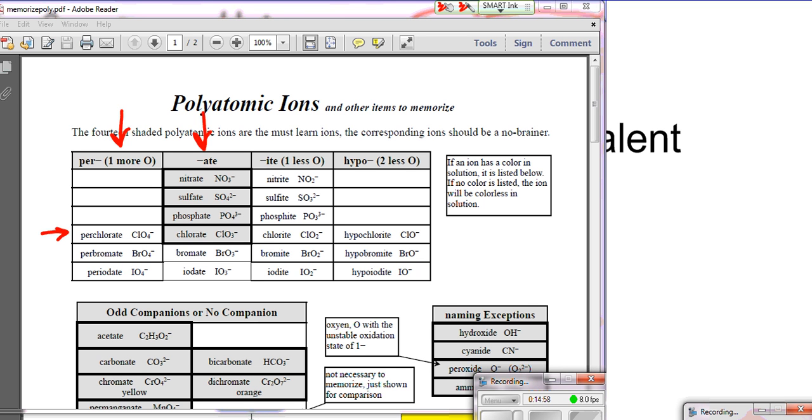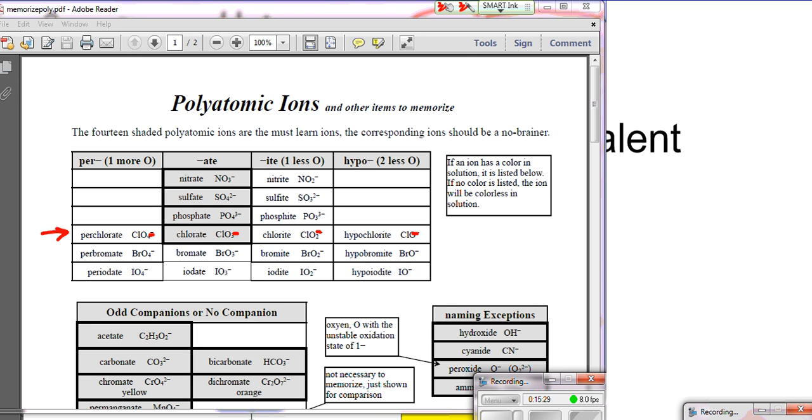And it becomes perchlorate, which would make perchloric acid. If chlorate loses an oxygen, it becomes chlorite. If it loses another one, it becomes hypochlorite. Notice though that the charge stays the same.